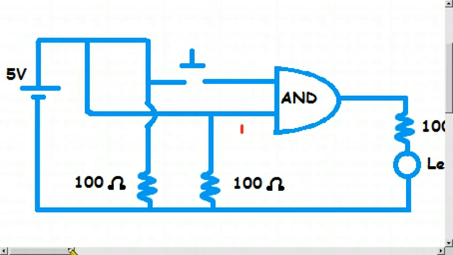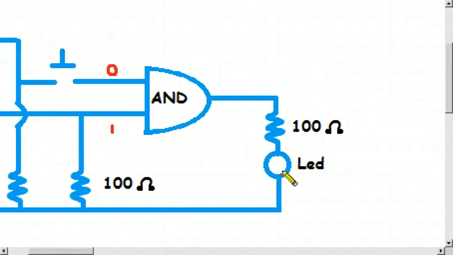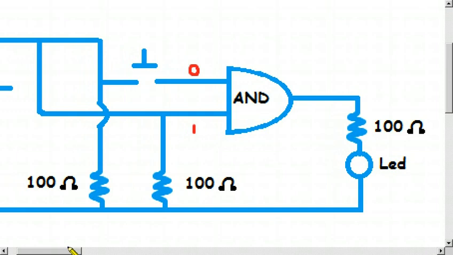Here the line is not connected, so there is a switch. Therefore here the input is 0. For the output, we have placed an LED in series with a 100 ohm resistor to protect the LED. So the circuit is like this.